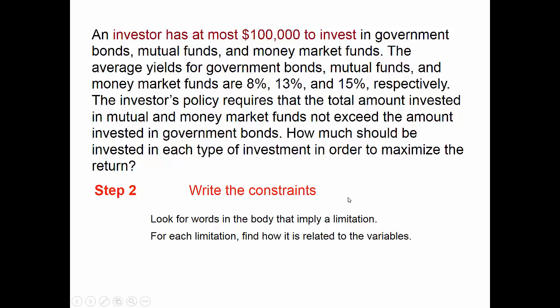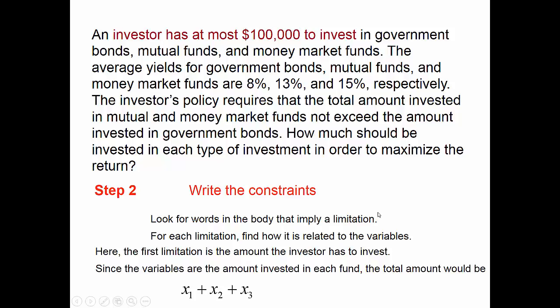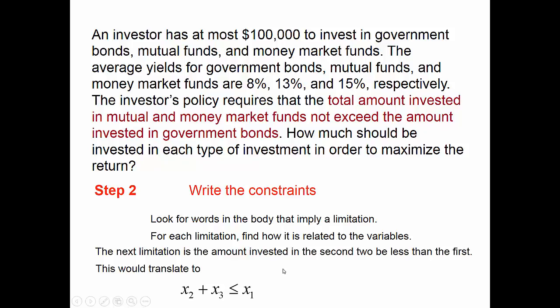Now we want to translate those into inequalities. So we want to look back at the problem and see what it says. Well, if the investor has at most $100,000 and we were calling x1 the amount invested in government bonds, x2 mutual funds, and x3 money market funds, then the three added together cannot exceed $100,000. You notice also that there's a limitation that the total amount invested in mutual and money market funds together not exceed the amount invested in government bonds.